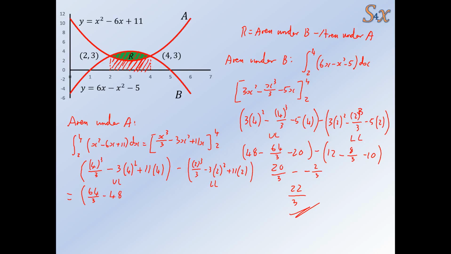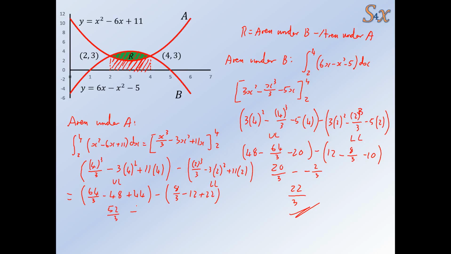So that's minus 48 plus 44. Subtract off 8 over 3 minus 12 plus 22. I'll work out each bit, so I'll start with the upper limit and put 64 over 3 minus 48 plus 44 in. That gives me 52 over 3.